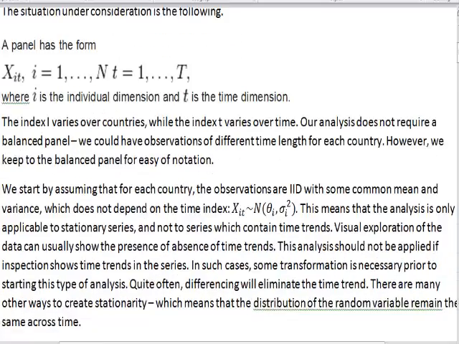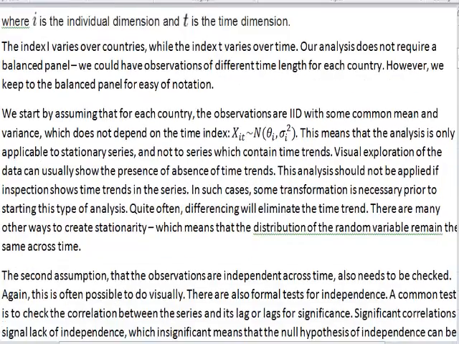Alright, so of course when you look at the country and time, this is not necessarily the only thing. There are many other interpretations which can be used. And okay, so to start data analysis, we assume that for each country the observation is IID with common mean and variance, which doesn't depend on the time index. So this is a strong assumption. It means that things are not changing across time. This is sometimes called stationarity.